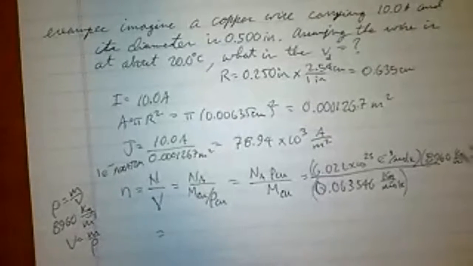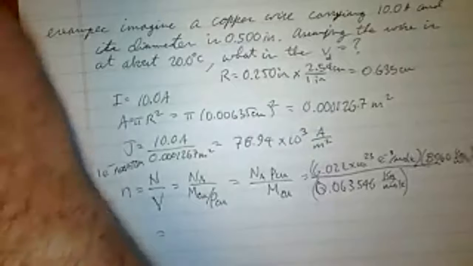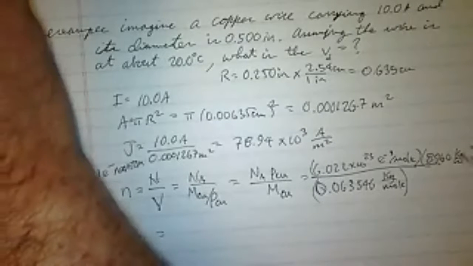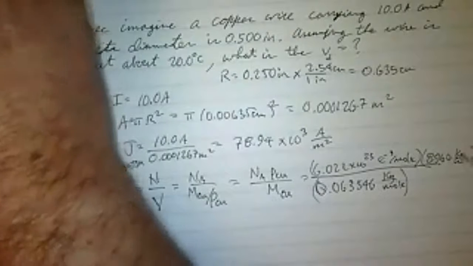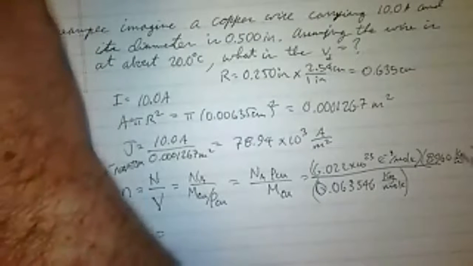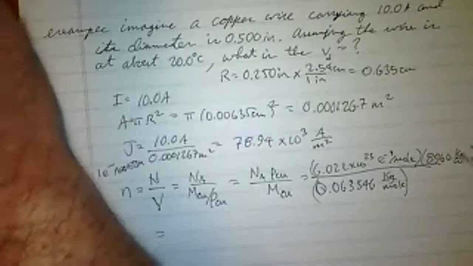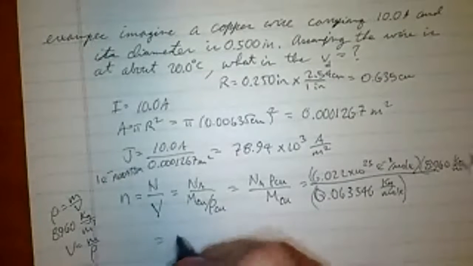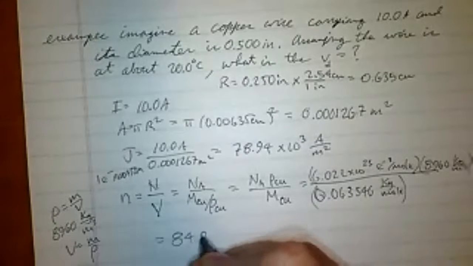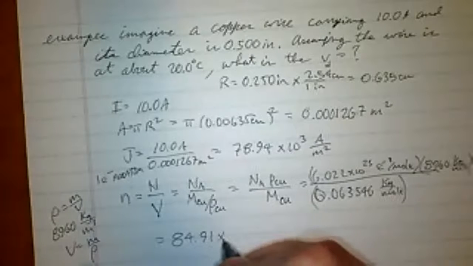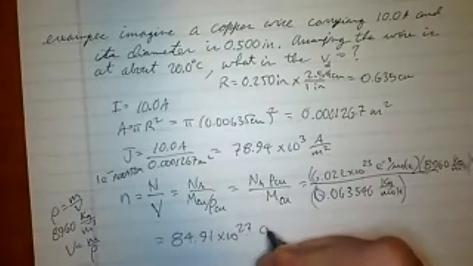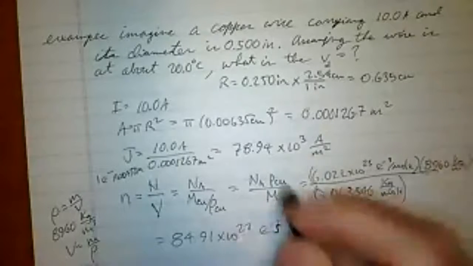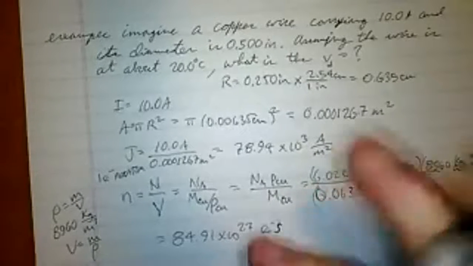When I do all this math, I get 6.022 e to the 23rd times 8,960, and then divided by 0.06356. And that in fact gives me 84.91 times 10 to the 27th electrons per cubic meter.